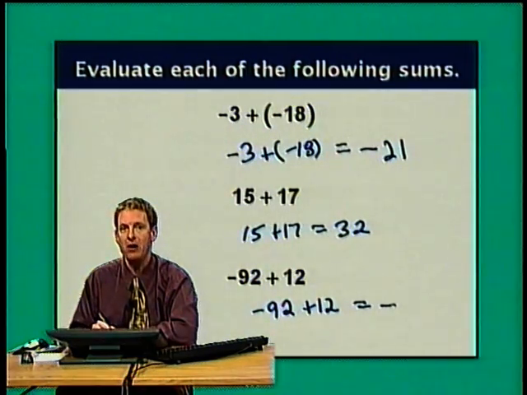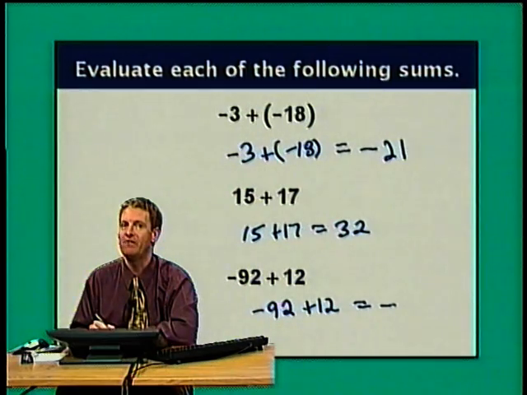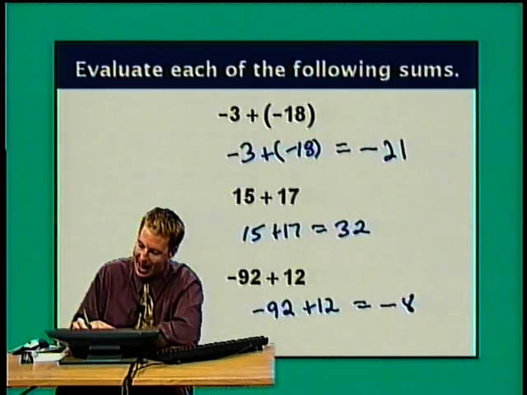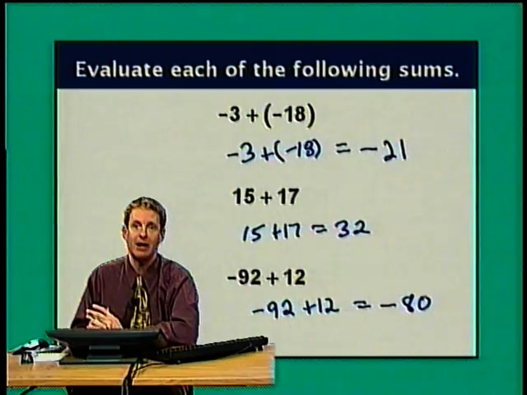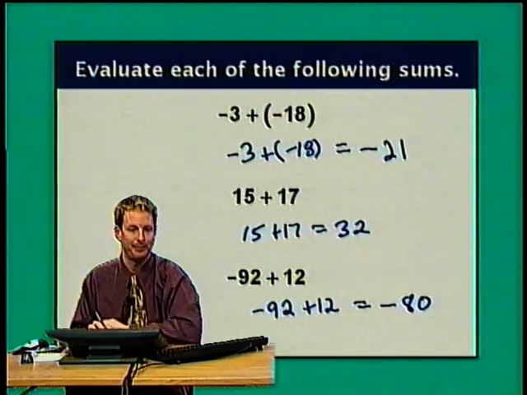What's the absolute value of the sum? It's the positive difference between the absolute values of the two numbers in the sum. 92 minus 12 is 80, so the absolute value of this sum is 80. The sum is negative, its absolute value is 80. That's the number negative 80.